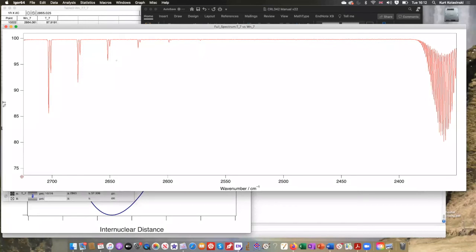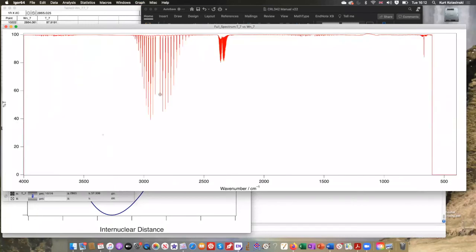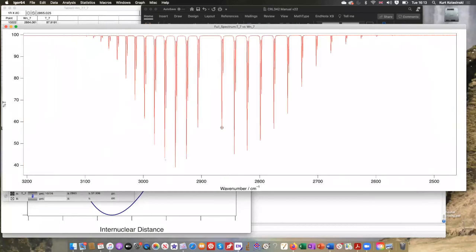The two closely spaced peaks, different isotopes. All right, so in order to get the frequencies, we're going to concentrate on the big peaks, right? And we won't worry about the small peaks. We don't have to pick those, but we do want to go out here and pick as far as we can, right?